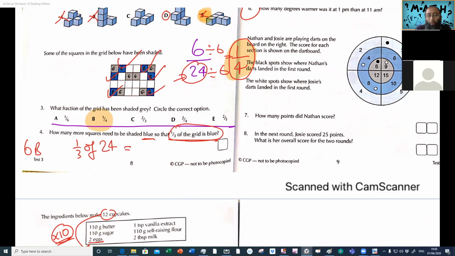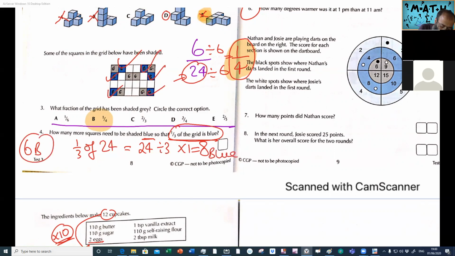So, Iman, how do I work out 1/3 of 24? 24 divided by 3, and then when you get the answer, times it by 1. So the answer is 8. So we need 8 blue ones.